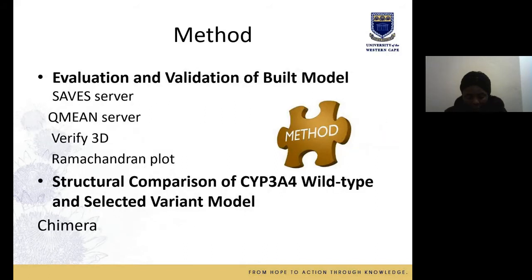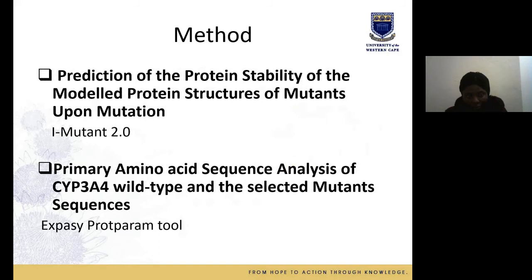Evaluation and validation of the built models was done on SAVES Server, QMEAN Server, Verify 3D, and the Ramachandran plots of the built models were plotted for the validation. Structural comparison of the selected CYP3A4 variants with the wild type was done on Chimera. The prediction of the protein stability of the model protein structure of the mutants was done on HoTMuSiC 2.